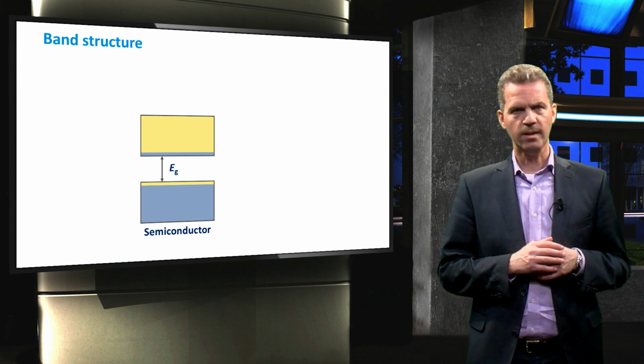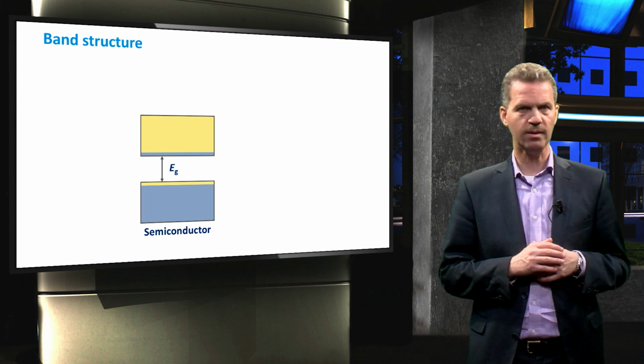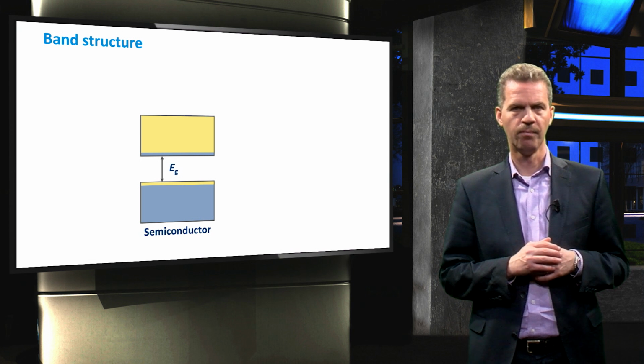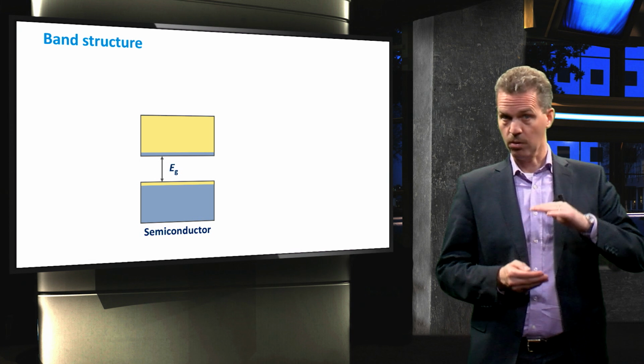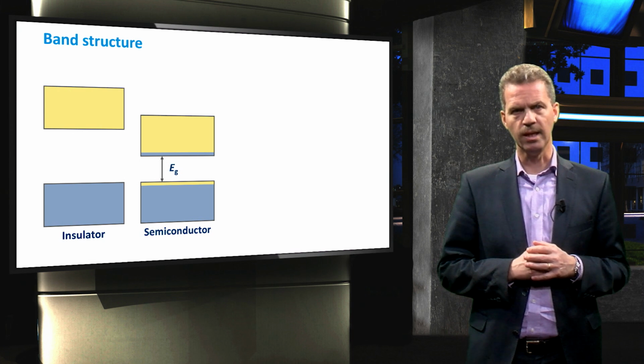This is illustrated in this slide by the blue section in the conduction band, representing the electron density in this band. If the band gap is increased, the free electron density decreases substantially, reducing the electrical conductivity.